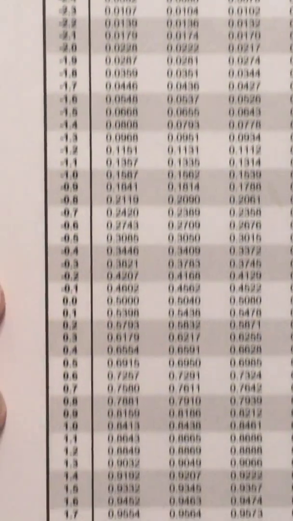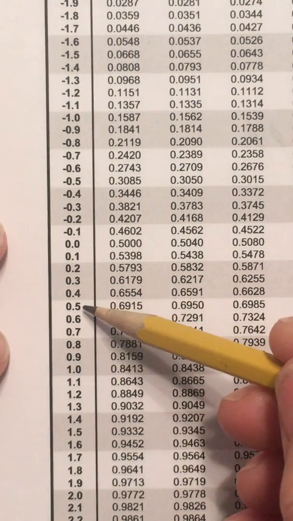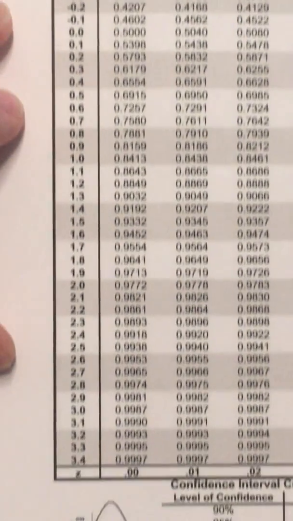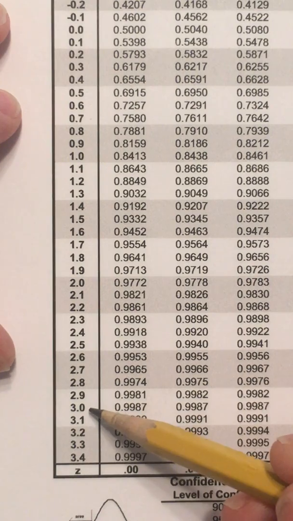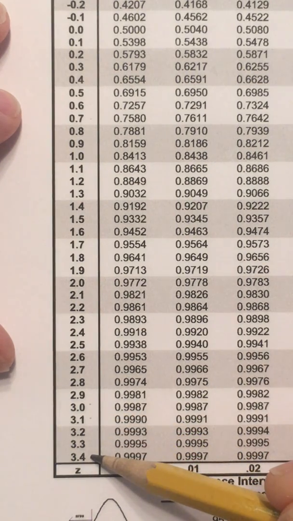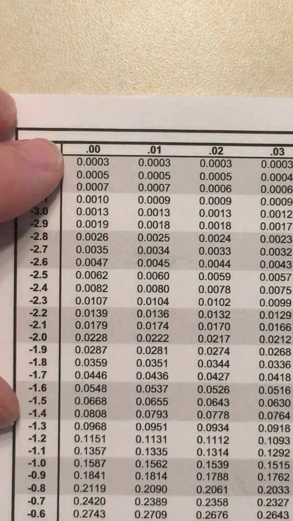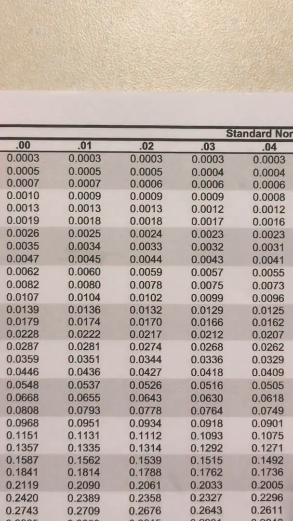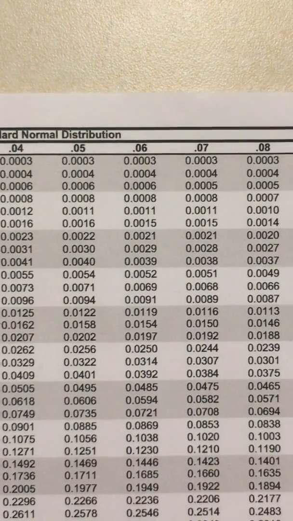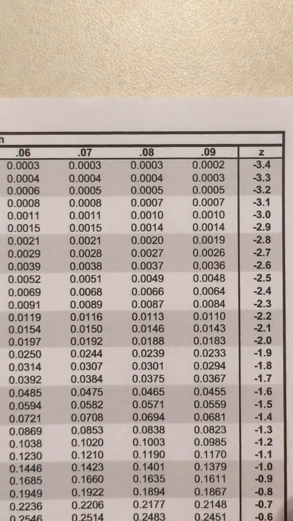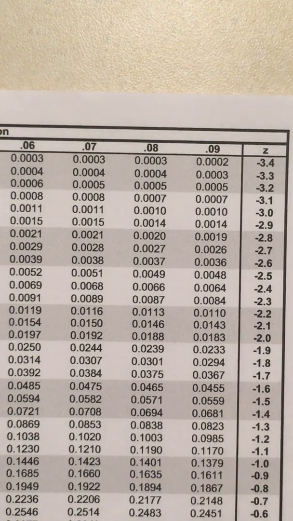It continues on down through the decimal values, 0.5, 0.6, 0.7, and the bottommost values are positive 3.0, 3.1, and so on. The largest is 3.4. Across the top, we have 0.00, 0.01, 0.02, and so on, all the way over to 0.09.